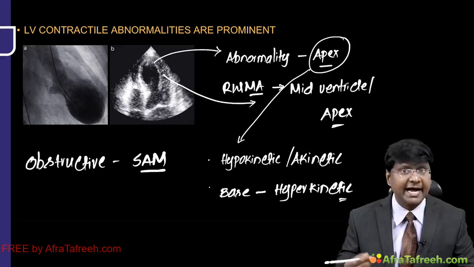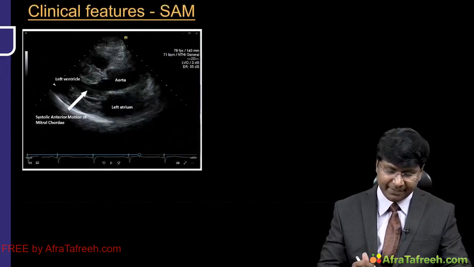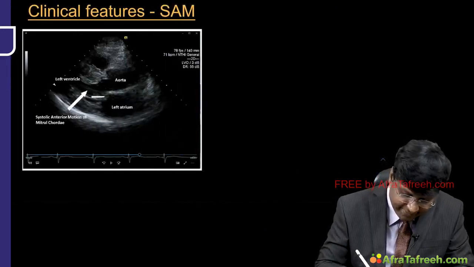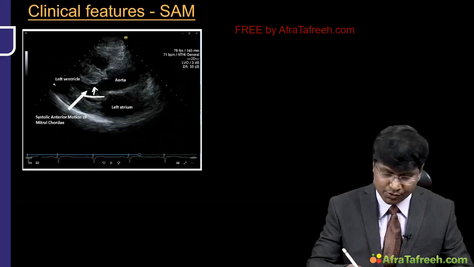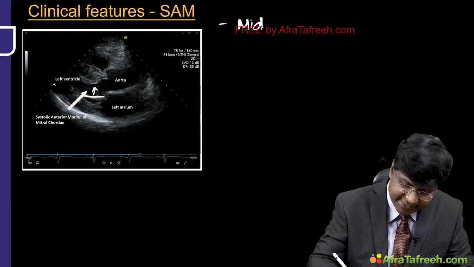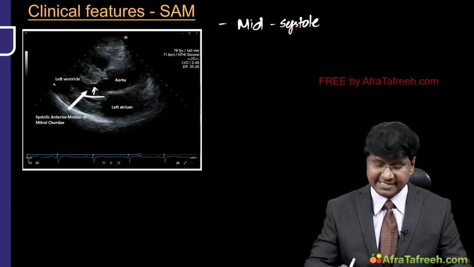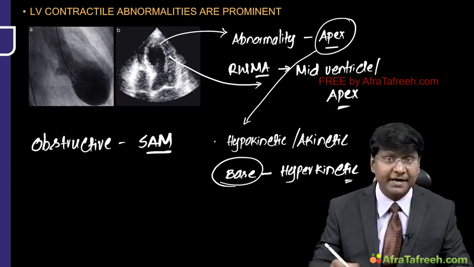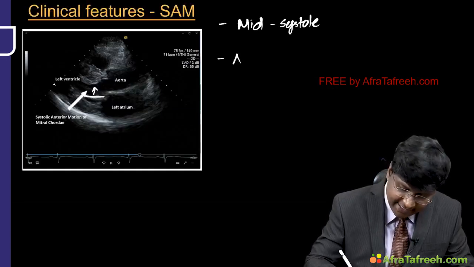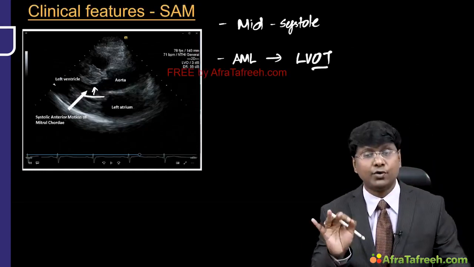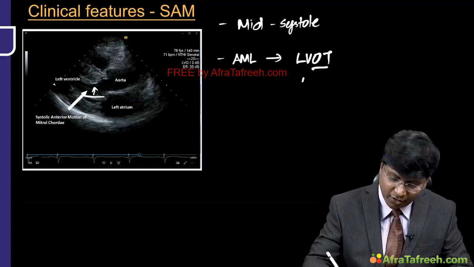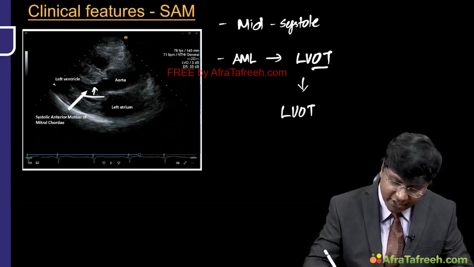Because of that, the anterior mitral valve leaflet comes into the area of the left ventricular outflow tract. So during the mid part of systole, because of the compensatory hyperkinetic base, the anterior mitral valve leaflet comes in the way of the left ventricular outflow tract, and thereby it will cause left ventricular outflow tract obstruction.